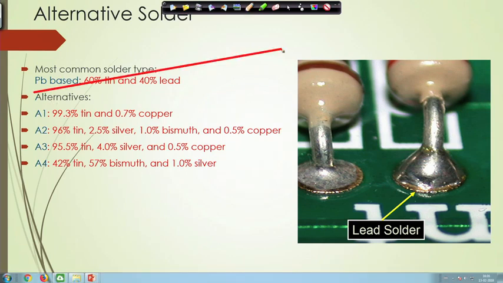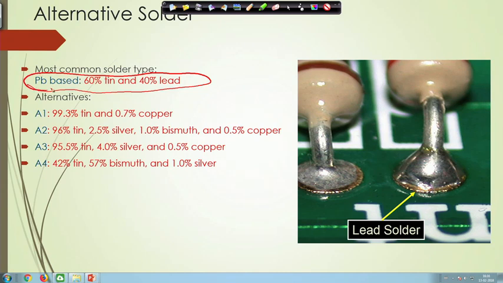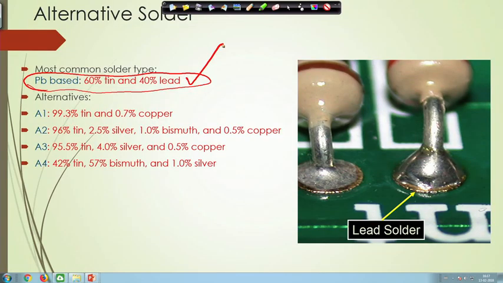The most common solder type is the lead base, which is 60% tin and 40% lead. Lead, as we have been talking about, is not good for health, not good for brain development. That is why we have unleaded gasoline and lead-free paint and all those things we have talked about in class. Now, there were certain alternatives that were proposed.